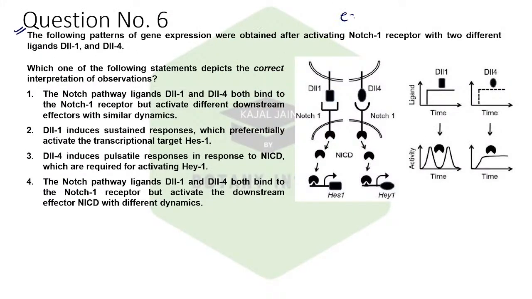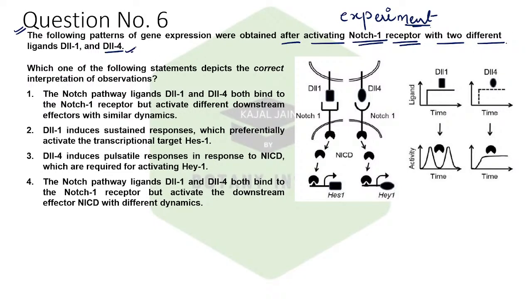This is the very first question. This is an experimental question which we are going to discuss today. The following pattern of gene expression was obtained after activating Notch 1 receptors with two different ligands, that is D21 and D24.